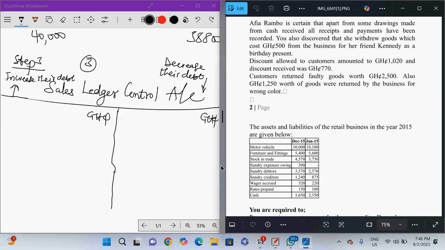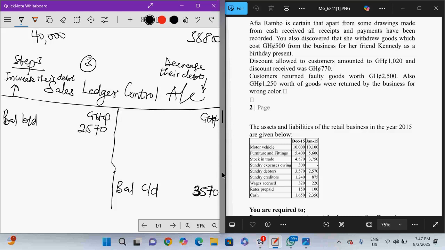The beginning becomes the balance brought down, 2570. And then the closing balance c/d is 3570. Right?